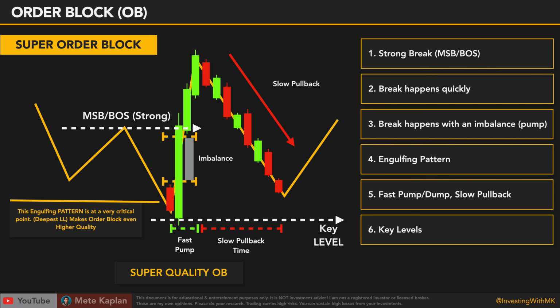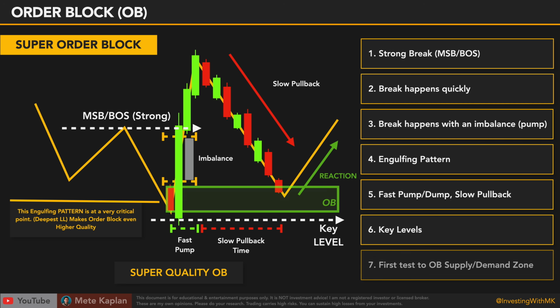Key levels could be things like the previous day's low or high, important gaps, and similar stuff. In my opinion, the first reaction is generally the strongest, but sometimes it can create equal lows or highs over the zone. Time will tell. This is your simple guidance to find higher quality order blocks.